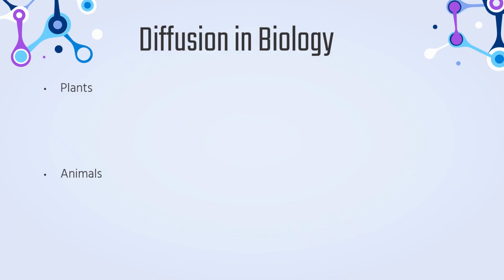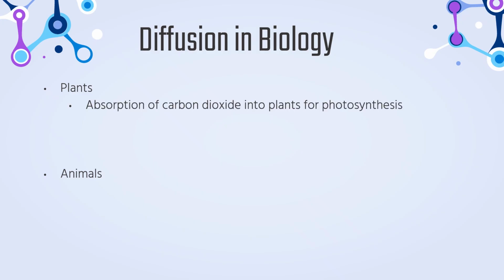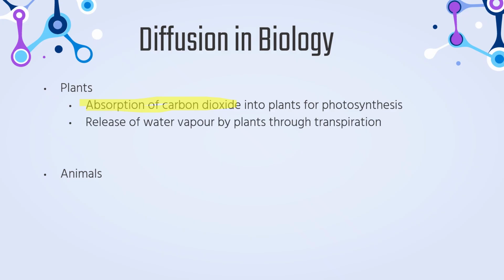Okay, now how do we apply diffusion in biology? You will come across all these examples as we move throughout the chapters. So number one, when plants photosynthesize, the carbon dioxide enters the plant. You probably know this from primary school. So the absorption of carbon dioxide into the plant is a form of diffusion. When plants transpire, which you'll learn in a later chapter, the release of water vapor into the air is also by diffusion.